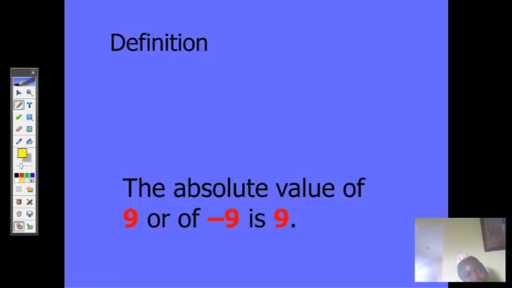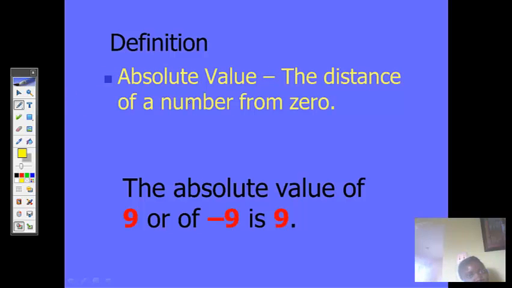Alright, definitions you need to remember is absolute value. Remember that the absolute value is the distance of a number from 0. For example, the absolute value of 9 is 9, and the absolute value of negative 9 is still 9. Why? Because they are both the same distance away from 0.